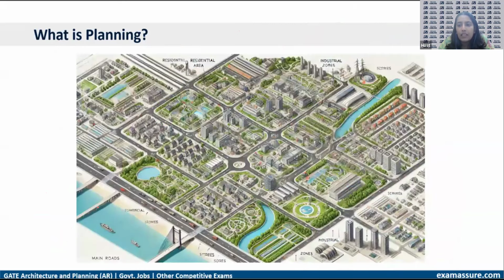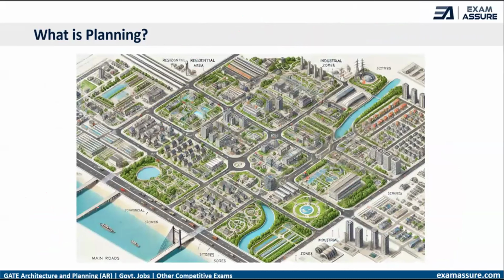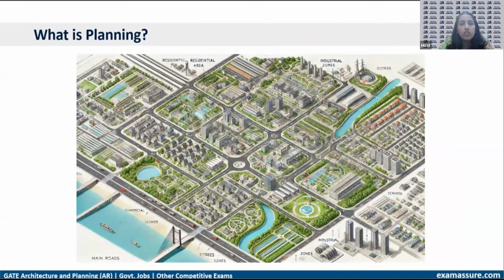So we can say planning is more or less an organized process of designing and managing your towns and cities to create more efficient and functional spaces and a more cohesive relationship between the people and the places.